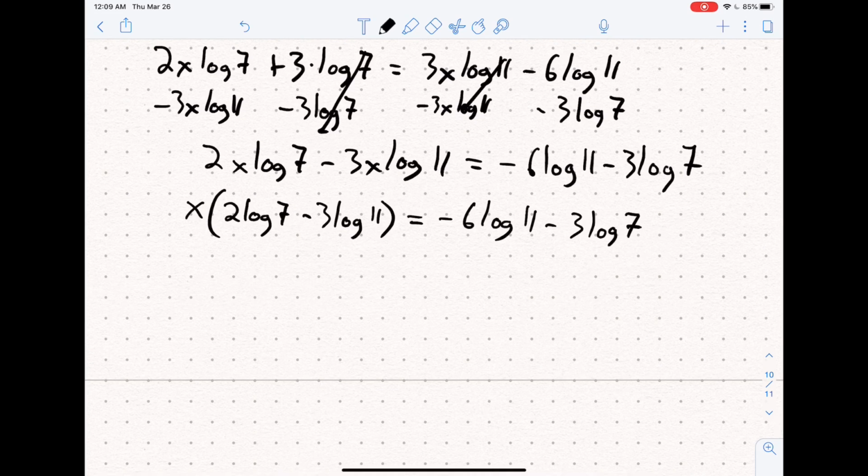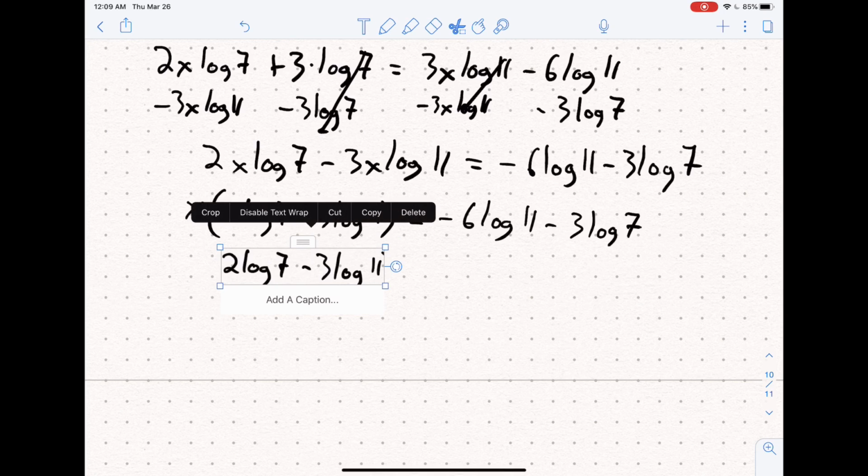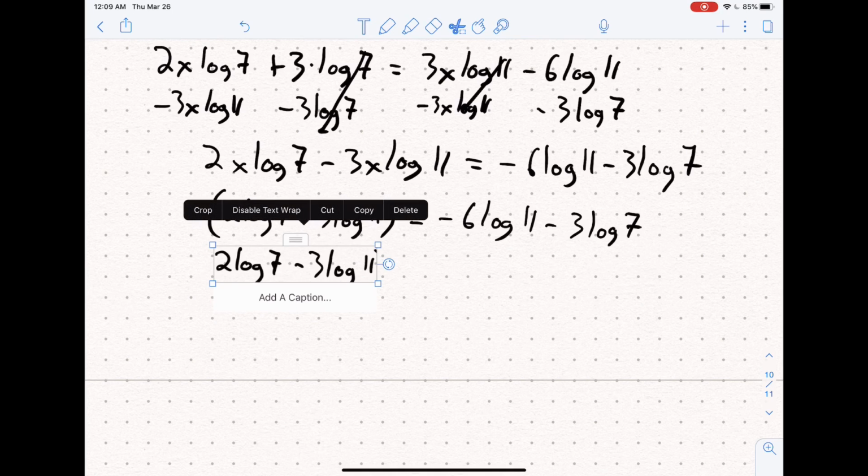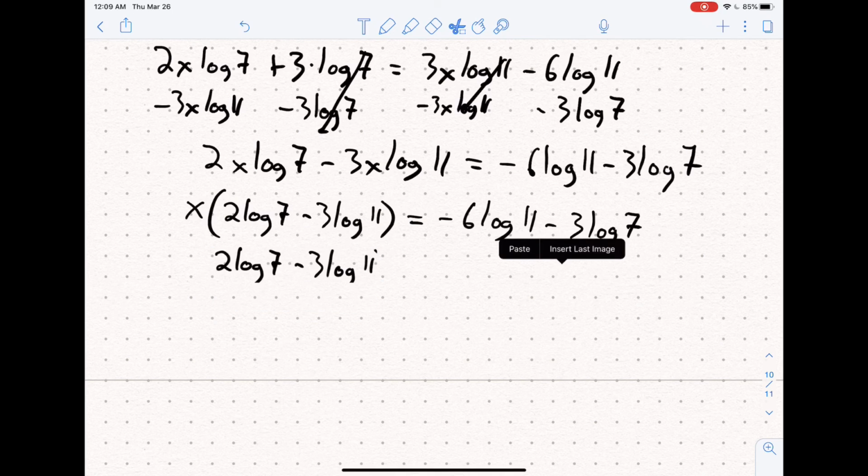We divide both sides by the stuff in parentheses. So divide and divide.